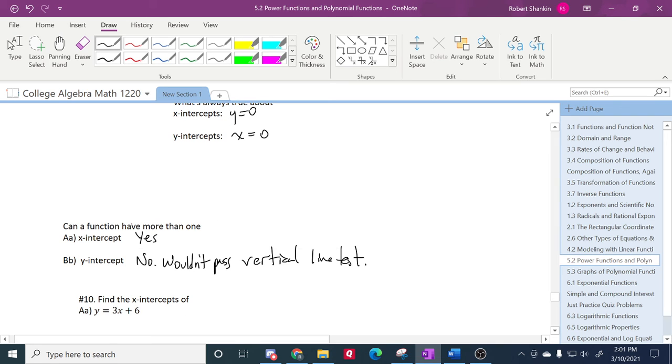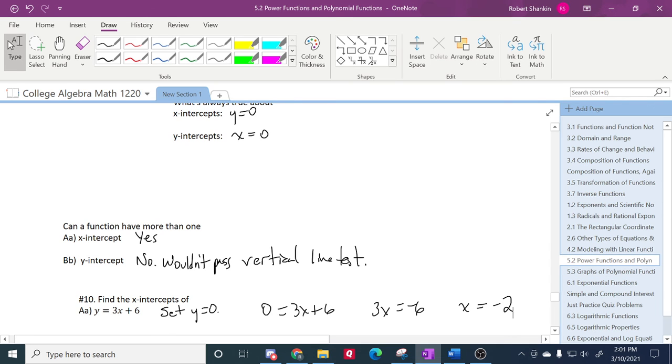Find the x-intercept of this. We just set the opposite letter equal to 0. 0 equals 3x plus 6. We solve this. Subtract 6 from both sides and you get negative 6. Divide by 3. X is negative 2.